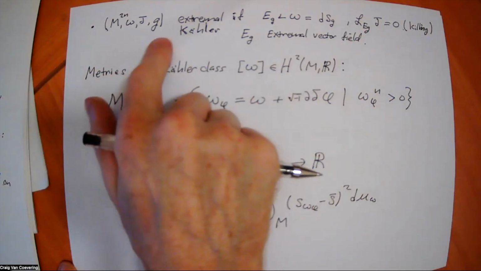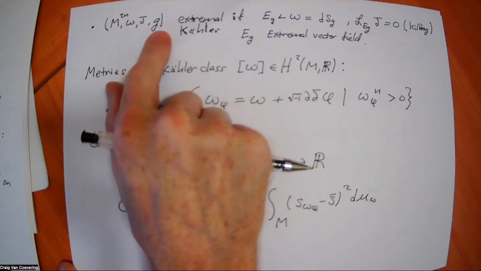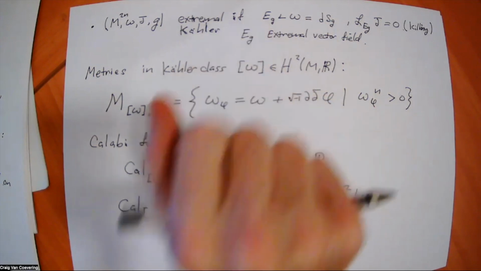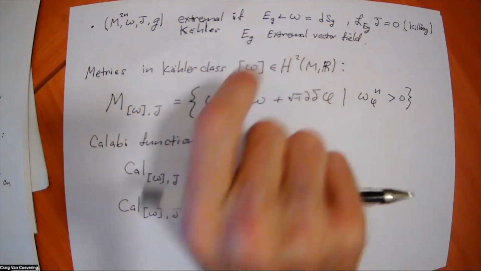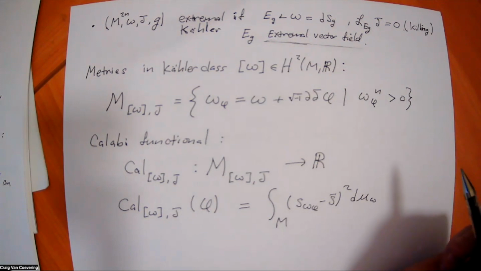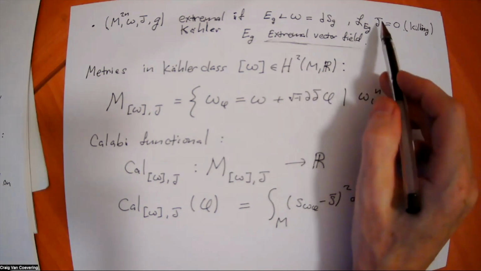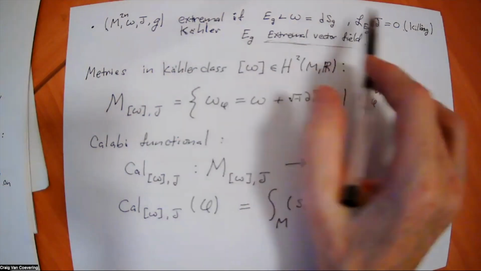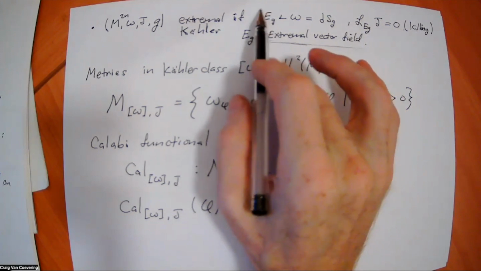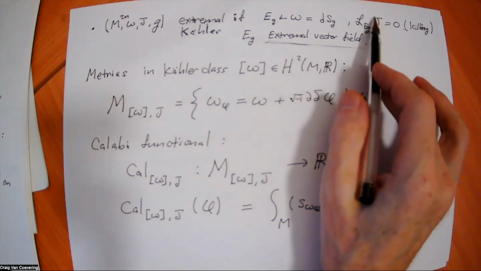The definition, in case you weren't here last week, is a Kähler metric such that the Hamiltonian vector field of the scalar curvature, which is called the extremal vector field, as a real vector field, preserves the complex structure.